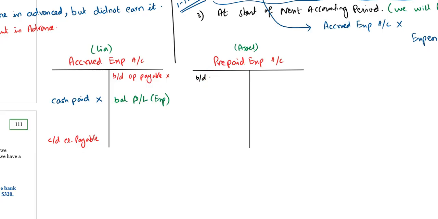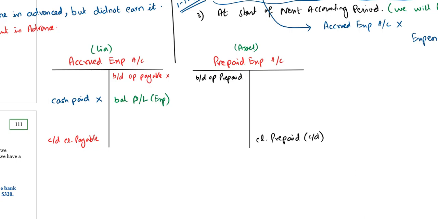Here is the opening balance b/d, opening prepaid, and here is the closing prepaid, and this is the balance c/d. Okay. So this is the account related to the prepaid expense.